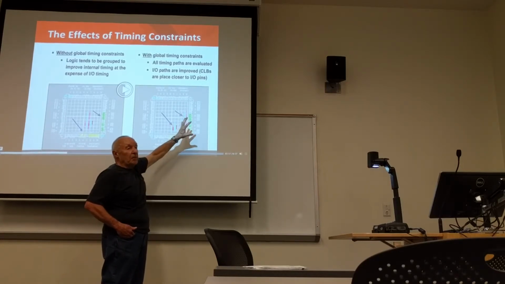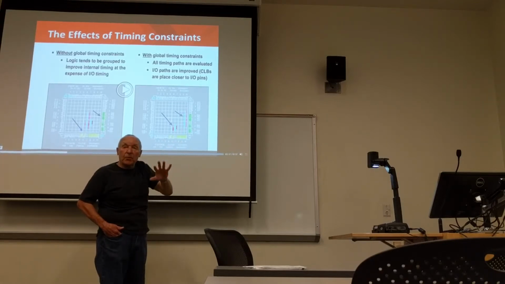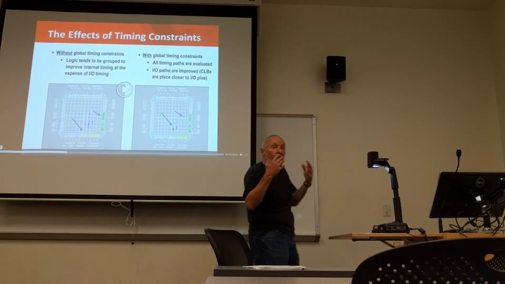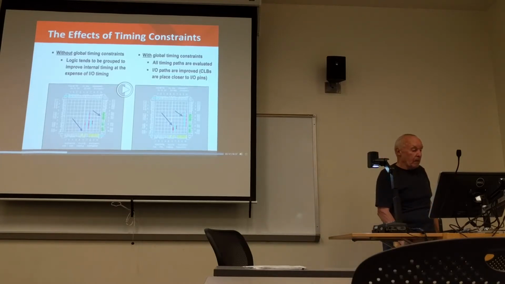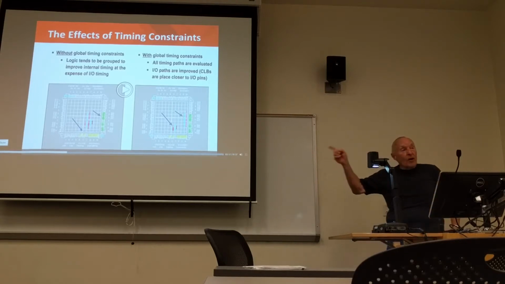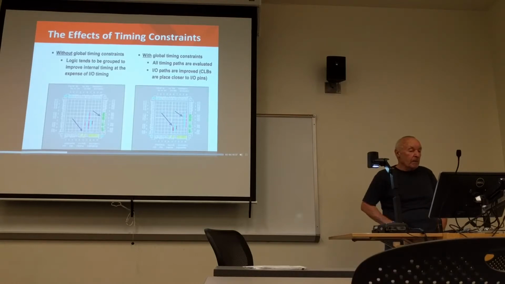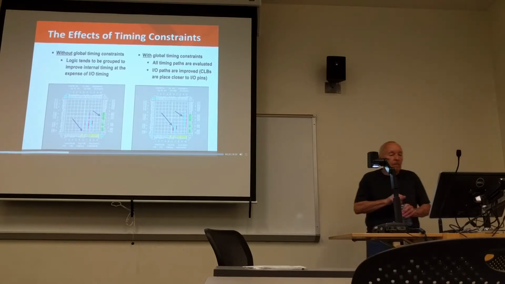So you gave up a little bit on internal timing, but got improved I/O timing, because all of that was taken into consideration. This dramatically shows you the effect of what happens in placement and routing when you do put in timing constraints. The net result is a faster performing design at the expense of a slightly longer implementation time.